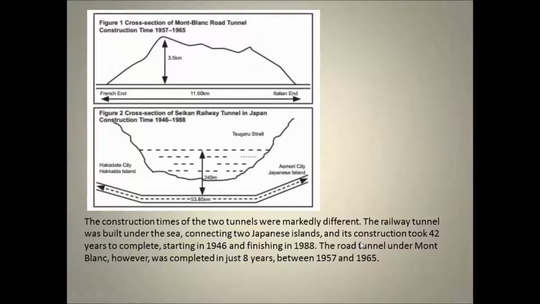You see that the railway tunnel took much longer, 1946 to 1988. When you calculate the difference, it's 42 years it took to complete. So we can further elaborate that, starting in 1946 and finishing in 1988. What about the road tunnel? The road tunnel under Mont Blanc, however, was completed in just 8 years between 1957 and 1965.